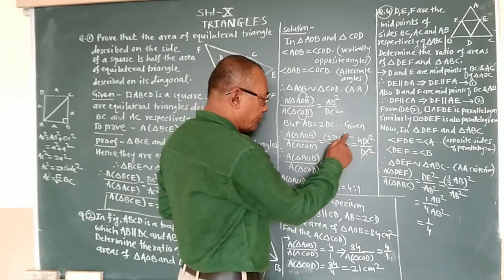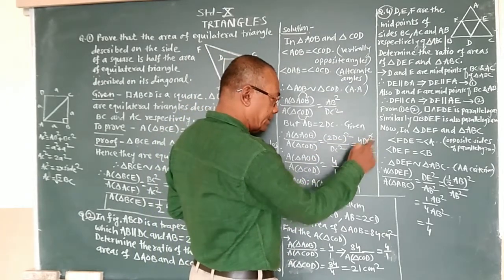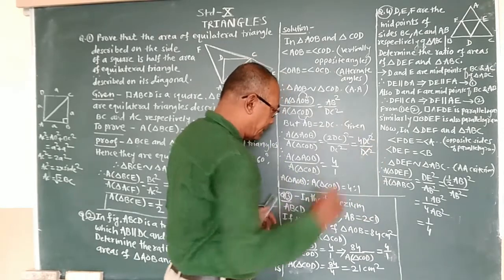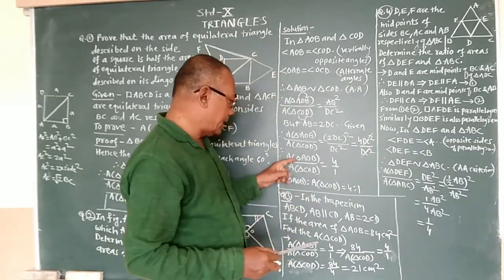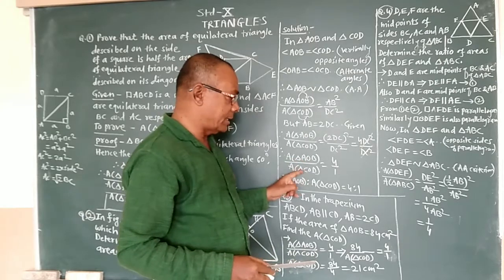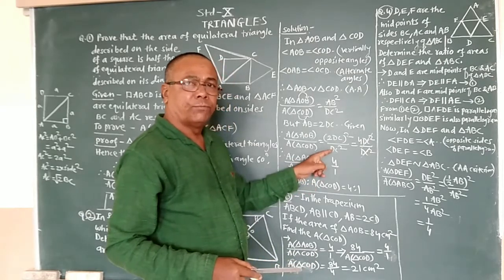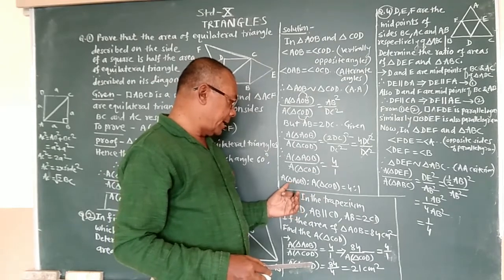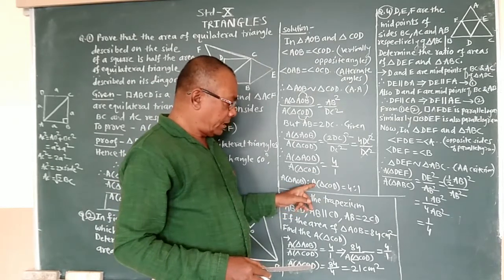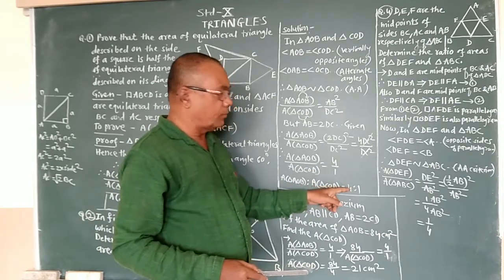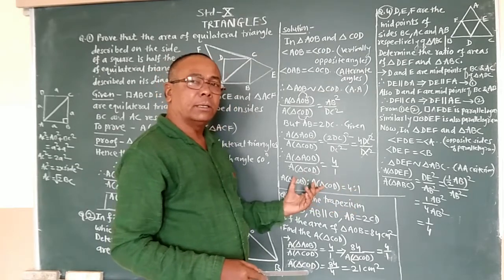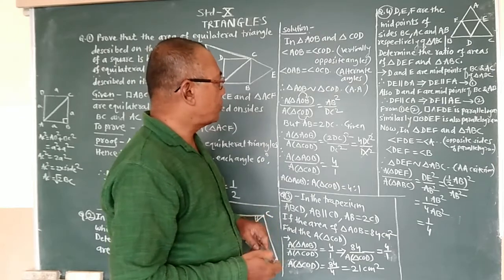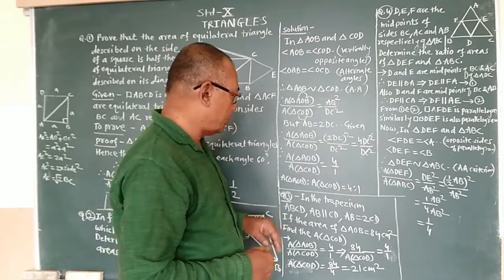Here 2 square is 4, DC square divided by DC square will get cancelled, and therefore area of triangle AOB upon area of triangle COD is equal to 4 upon 1, that is 4:1, means the ratio is given here, and in this way we have solved the question.